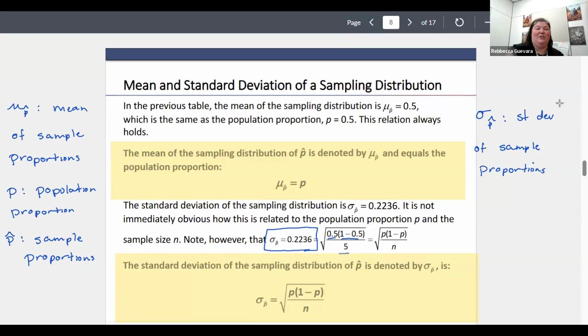So that's why I keep writing this down. Like I said, if I want the standard deviation of all my sample proportions, then that is going to be the square root of p times 1 minus p over n. Like I said, p is the population proportion, or how many times the event happens.